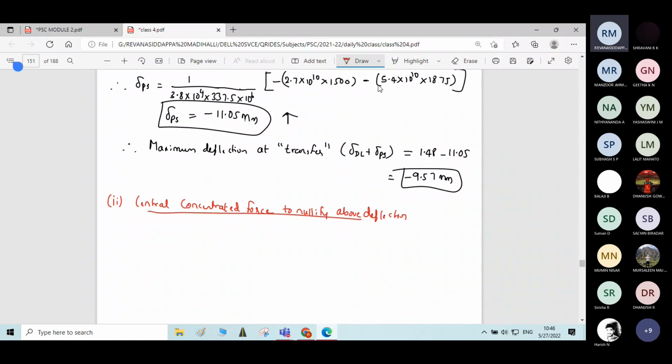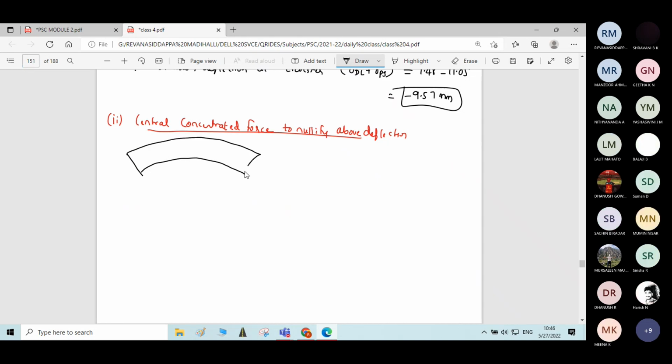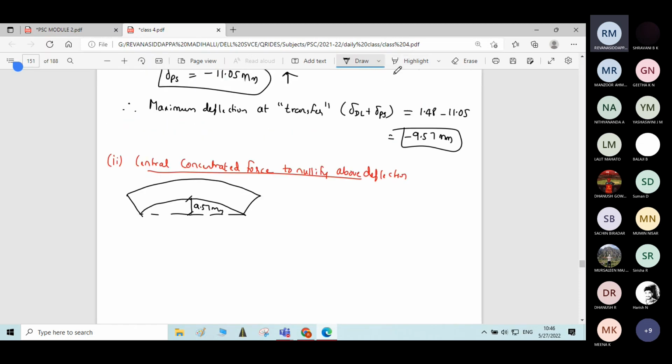Okay. So at the transfer condition, what is the deflection? It is minus 9.57 mm. Minus indicates the deflection is upward, from the sagging bending moment. Okay, now the question is to nullify this deflection.